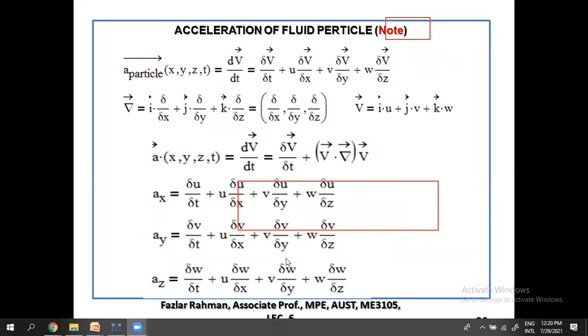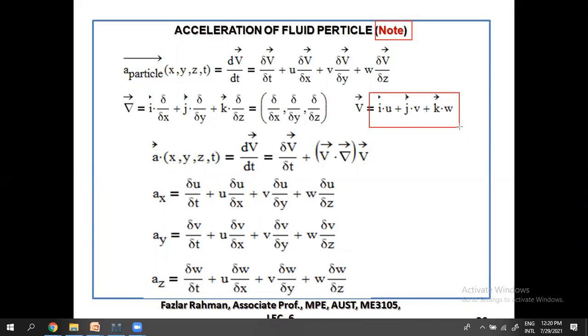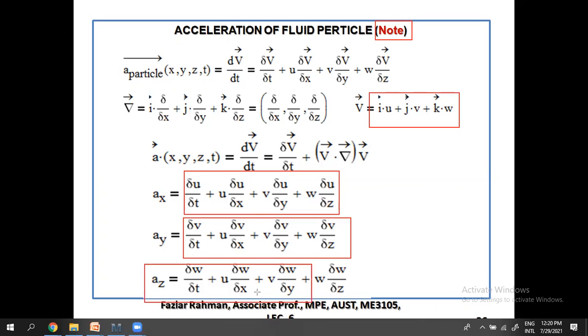Similarly, if you have velocity with three components, the x component u, that means u, v, w, then remember your acceleration will have three components. That one is the x component, that is the y component, and at the bottom this one is the z component along the third axis.